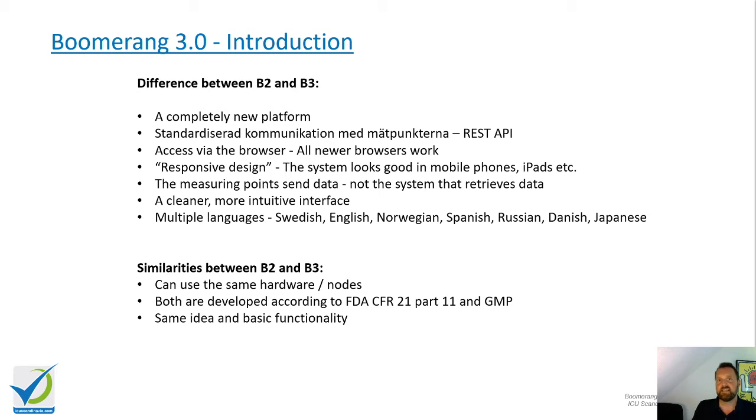Another difference is that all the measuring point reports to Boomerang, and this is done via a standardized so-called REST API. And this is important because new hardware becomes simpler, faster, and more stable to implement. And all the development is according to standard and best practice, so we never need to be dependent on some unique and quirky solution.